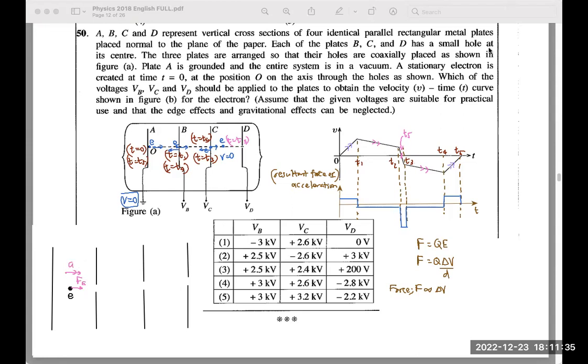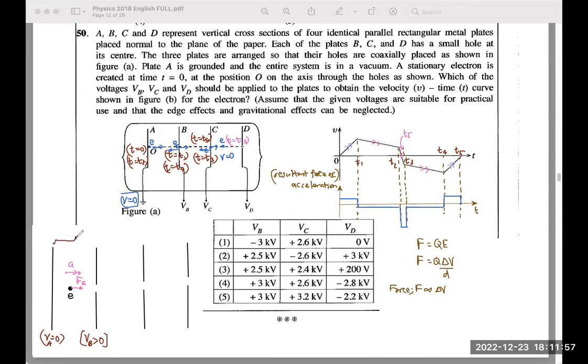So if this potential is 0, what should be this potential? We know VA is 0, right? What is VB then? VB should definitely be positive.